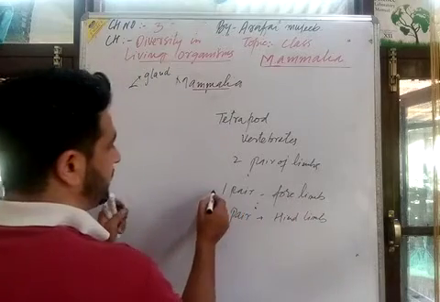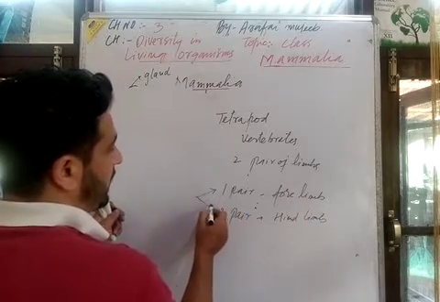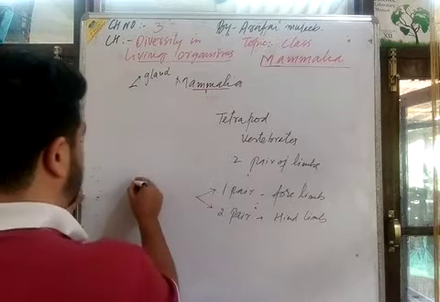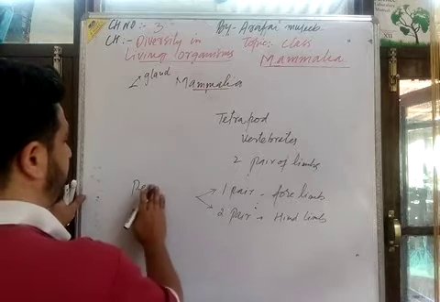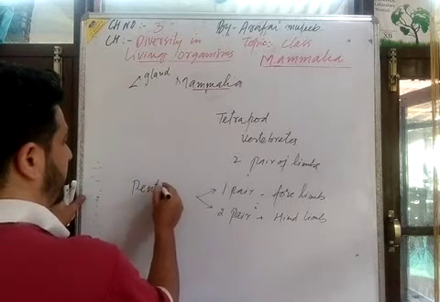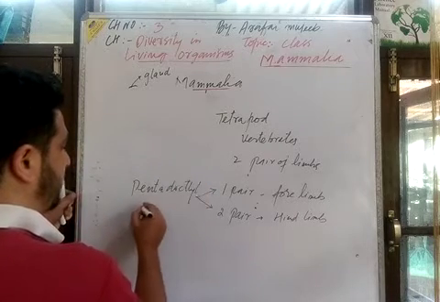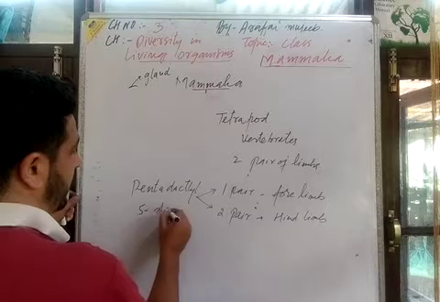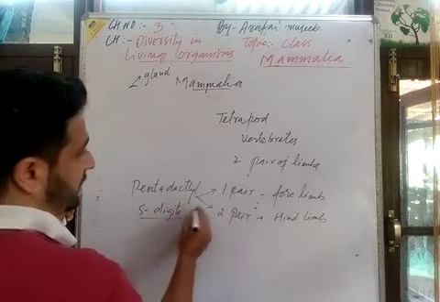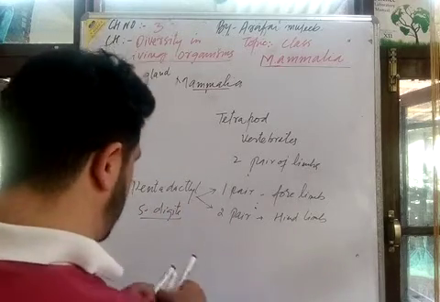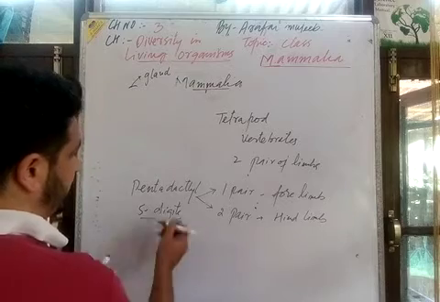And these limbs, whether forelimb or hind limb, are pentadactyl. Pentadactyl means they have 5 digits, 5 toes in their limbs.